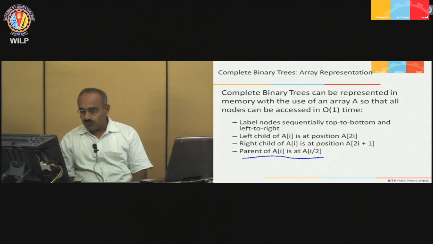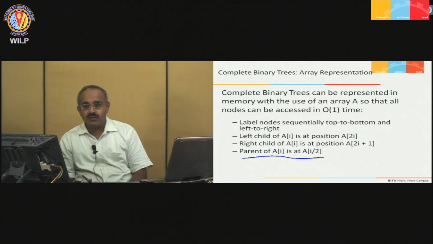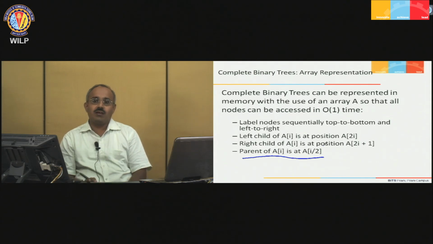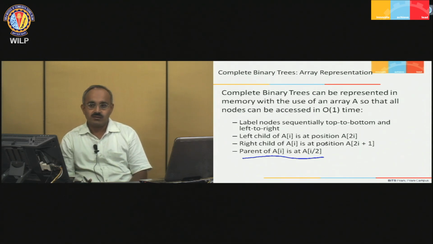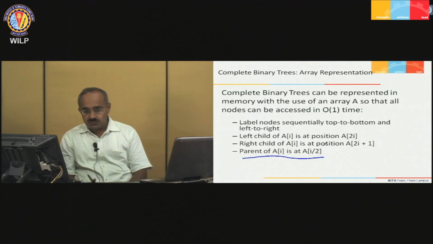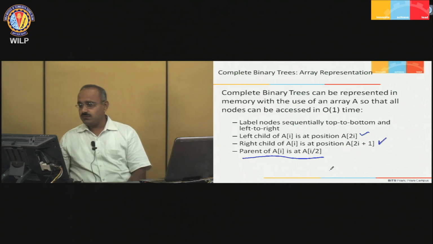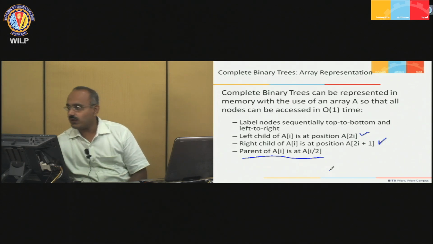So, we are going to label the nodes 1 to n, top to bottom, left to right. Once we do that, we capture the parent-child relationship using these two properties: left child of ai is at position a of 2i and right child of ai is at a of 2i plus 1.